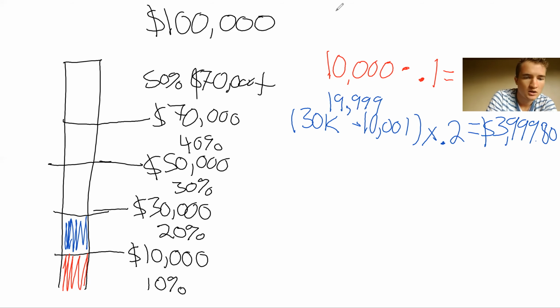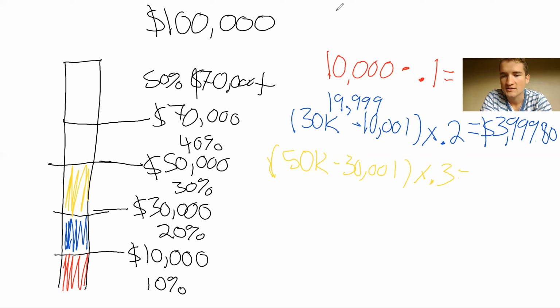Let's examine our third spot. That's going to be 50K minus 30,001, and that is subject to 30% tax. That number comes to $5,999.70. Let's find another color.